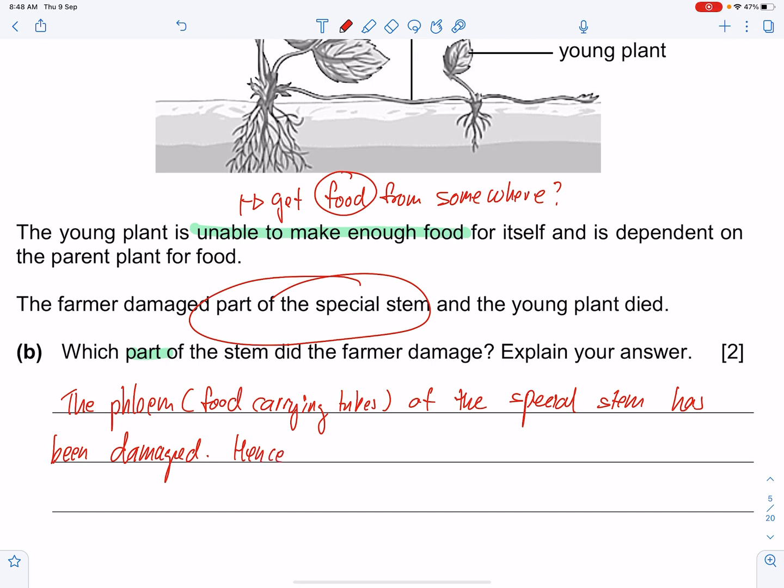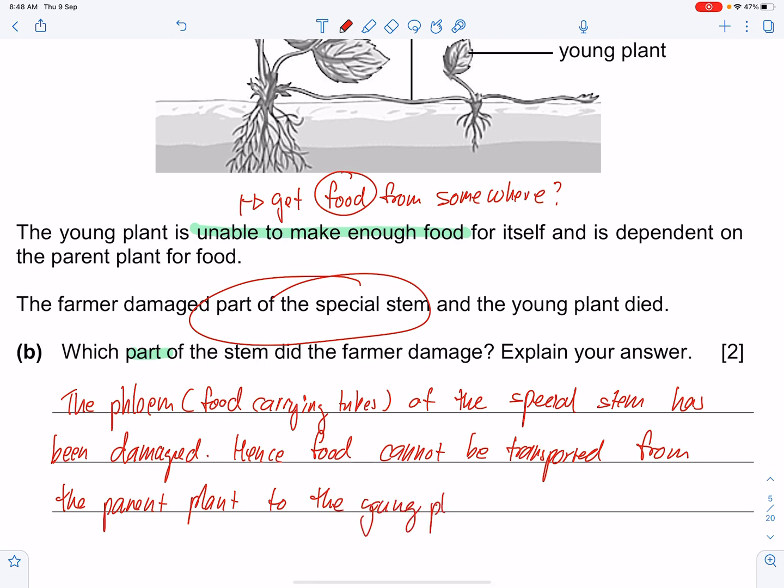Hence, food cannot be transported from the parent plant to the young plant, and then causing it to die. That's it. What is so difficult? These are all common things that I keep teaching you, right? This paper is not difficult. This paper just requires you to apply what you already know. But yet, I don't see all this application.